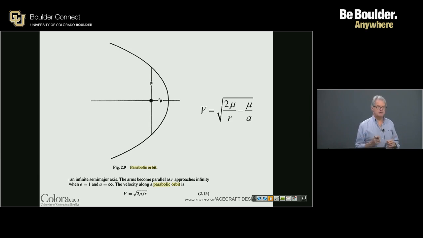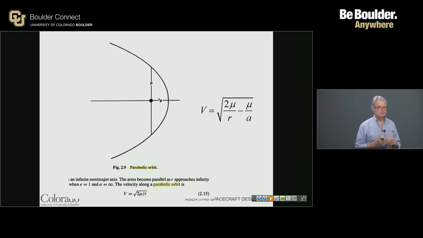We know where to apply those velocity changes. We know that the best way to do that is to apply those velocity changes tangent to our orbits. So if we want to go from circular to circular orbits, we can apply velocity changes anywhere because the flight path angle on a circle is always 0.